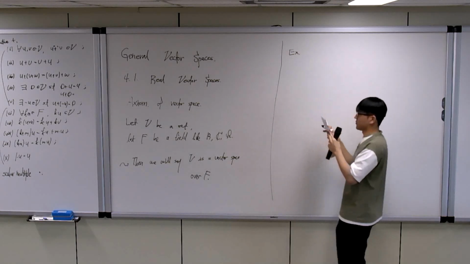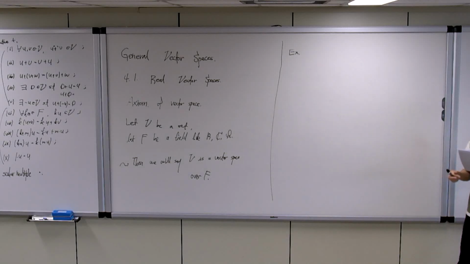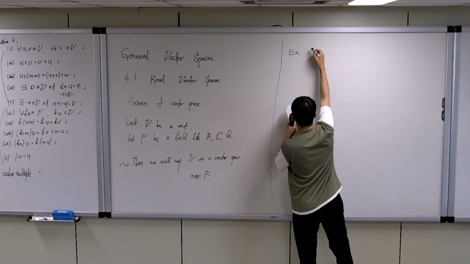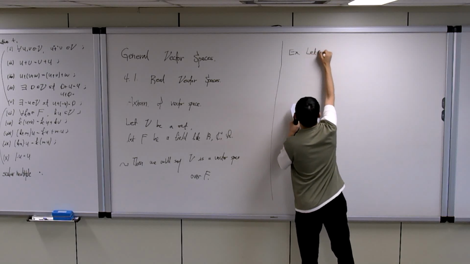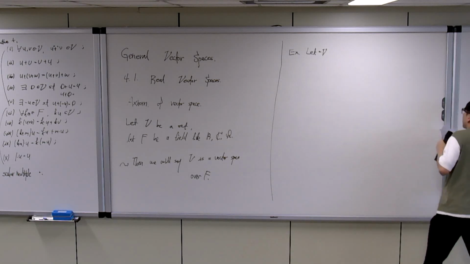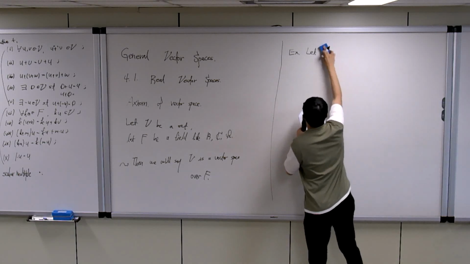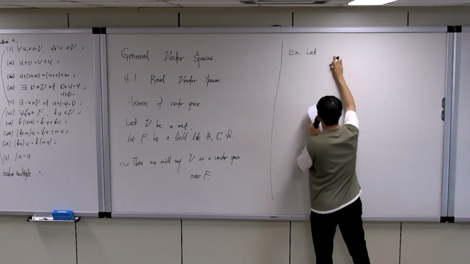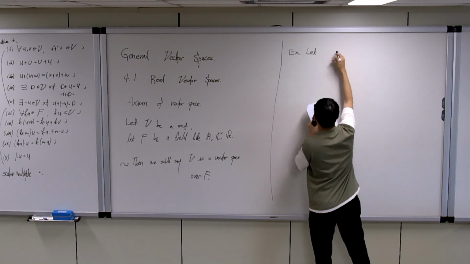Let me give an example. We firstly see the R^n space. I explained we generalized from n-dimensional real space.